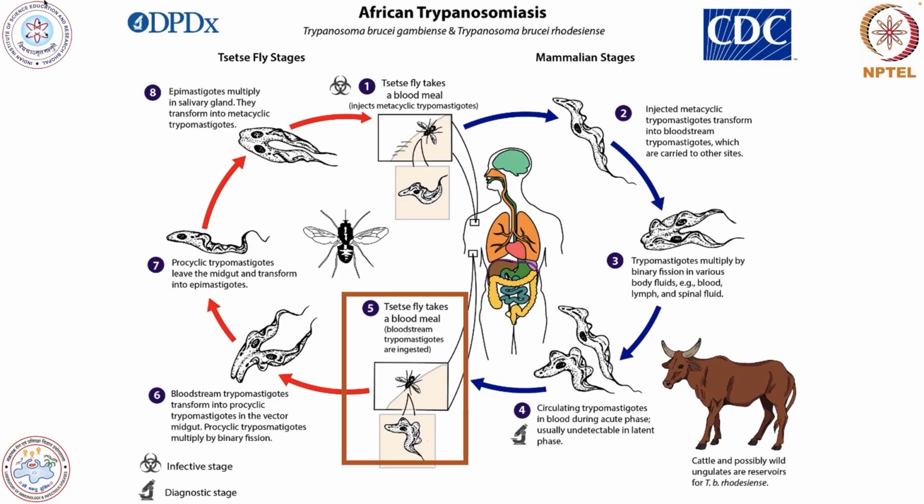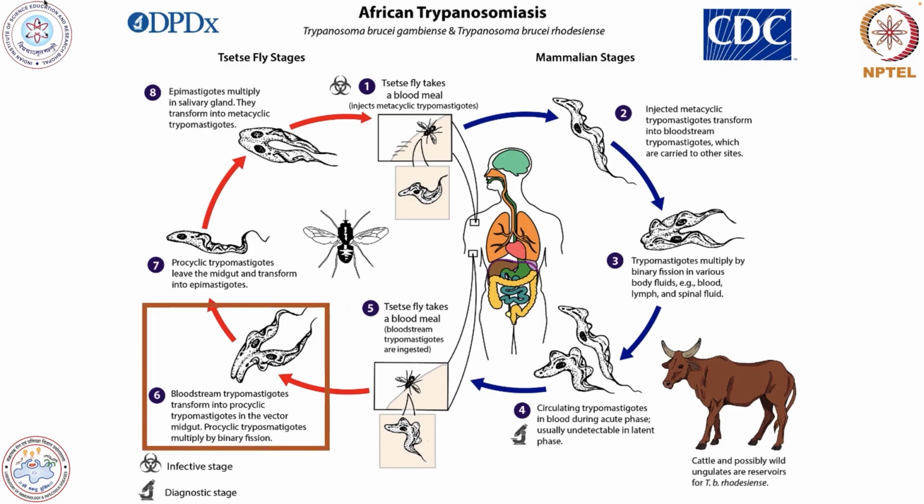Now you can see the life cycle in the fly. In the fly's midgut, the parasite transforms into procyclic trypomastigotes. Here you can see them differentiating into procyclic trypomastigotes, which multiply by binary fission.